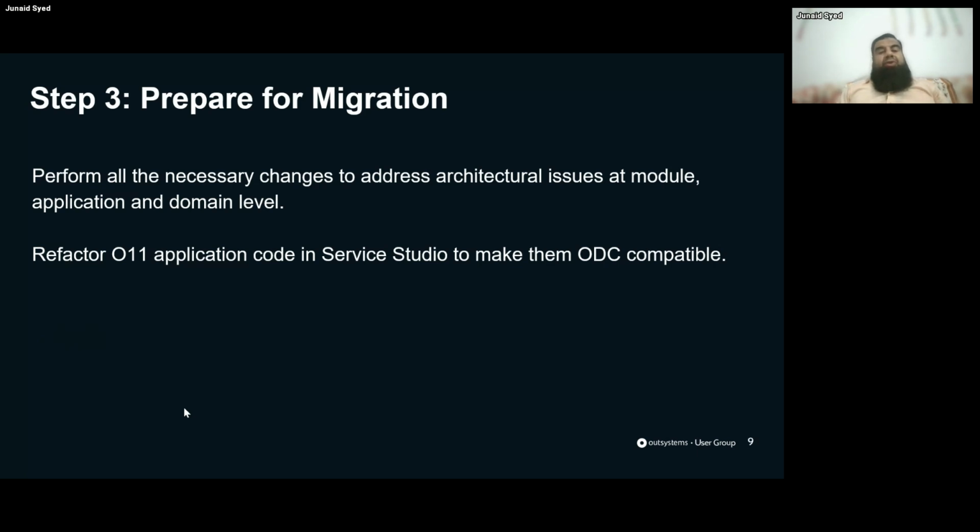You can perform necessary refactorings to make those applications ODC compatible. But there could be an alternative approach as well to do this preparation, and I think we will dive into that when we come to the real project example that I'm going to share in the session later.